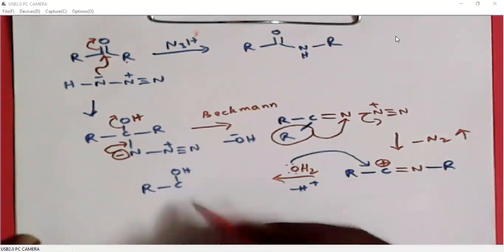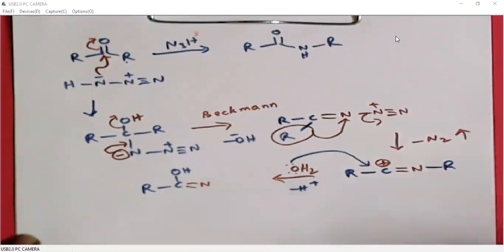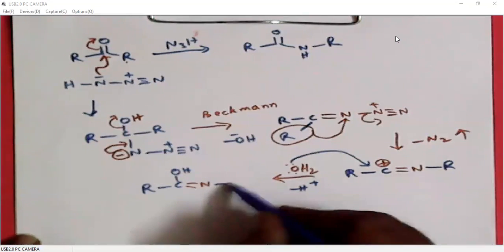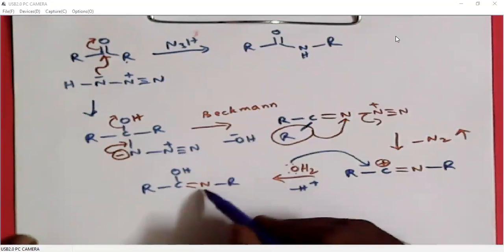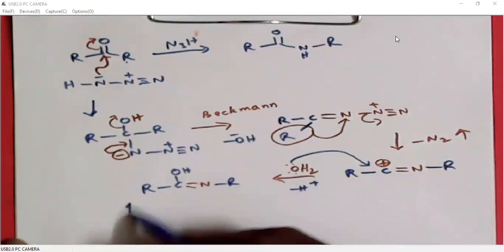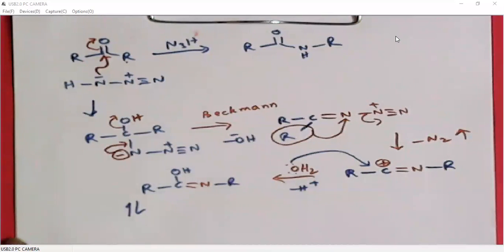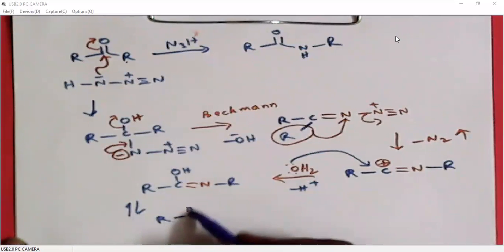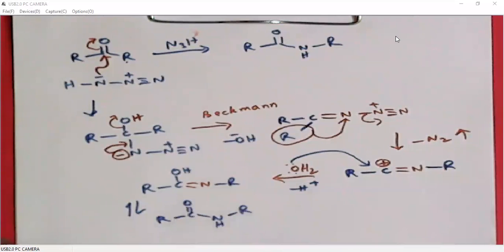And then we have double bond N R. So it is an iminol, right? So it can undergo tautomerization. It will undergo tautomerization to generate the required amide.